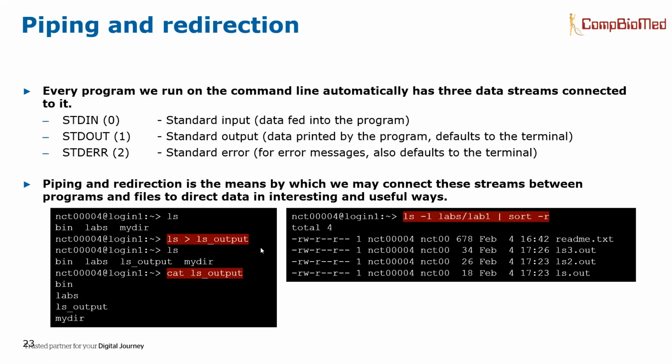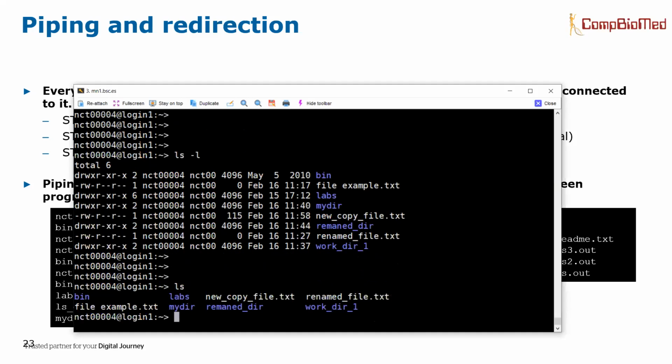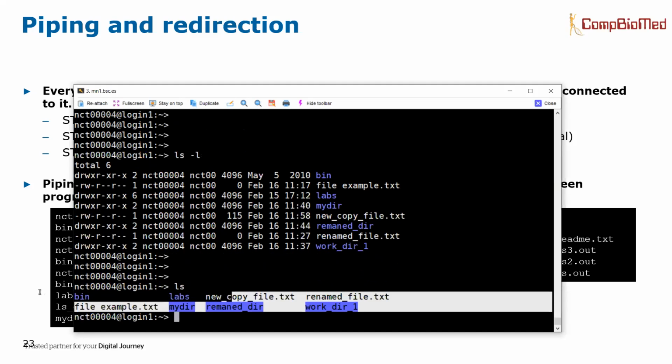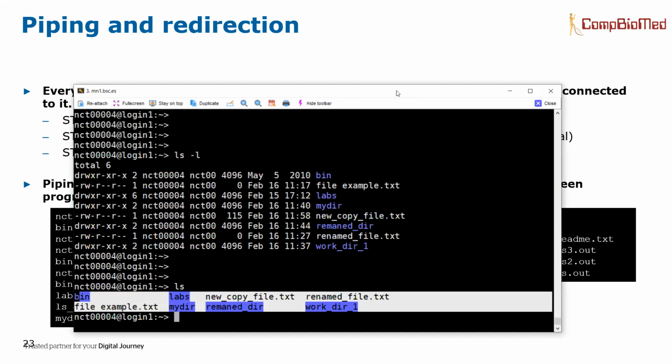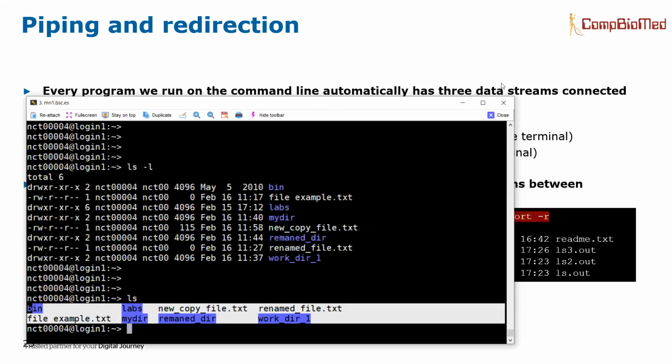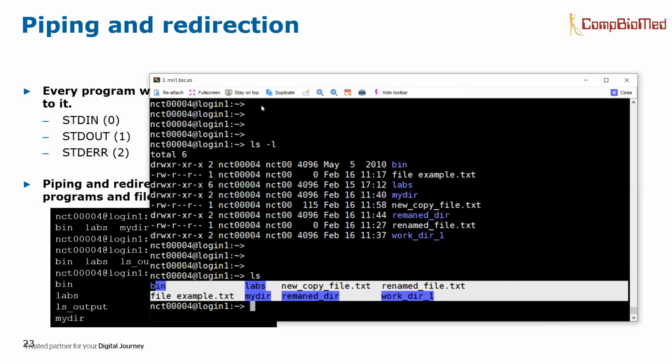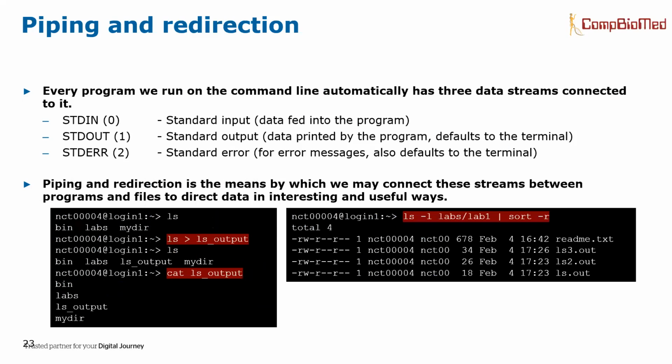This is what is called the standard input, stdin. And the output of the command is what is called the standard output. This is what is printed as an output of my command. So when I type ls, for example, this is my output. This is what is listed in my output. And you also have the third output, which is the standard error output.